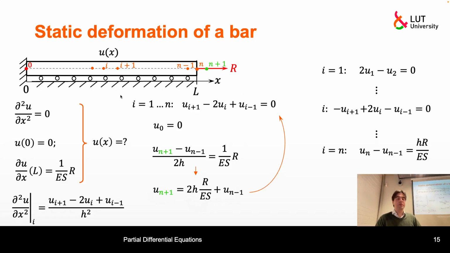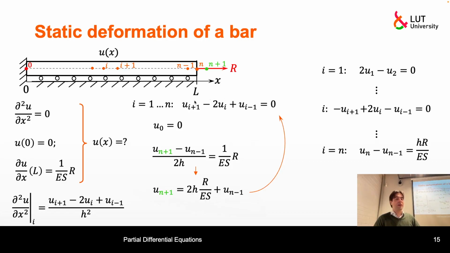And if I look at my set of equations, which start at 1 but must end at n, for n I again have this u at n plus 1, estimated here, for the last equation in this set. And I substitute here this representation of the displacement at this virtual point through our boundary condition.